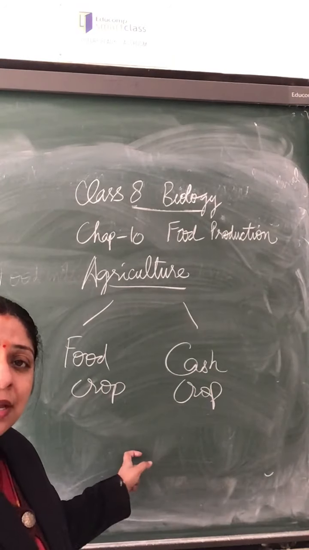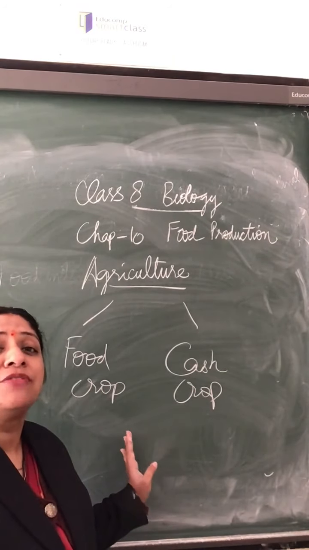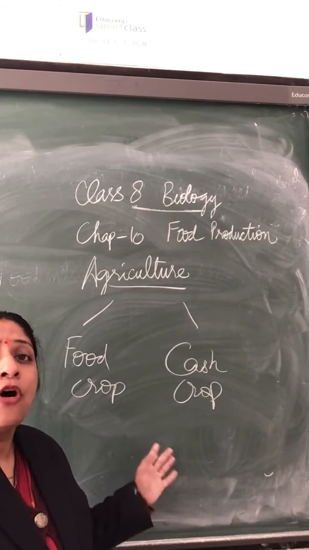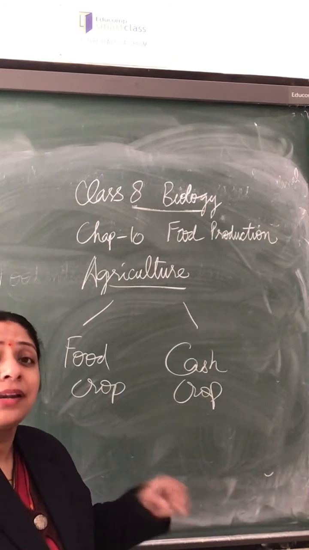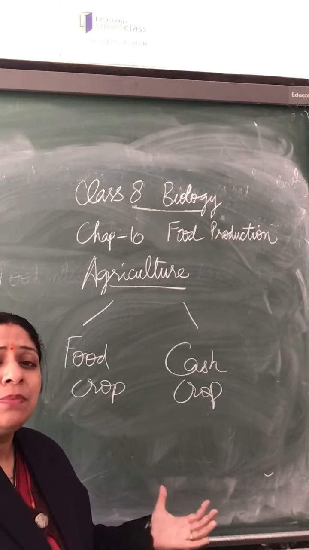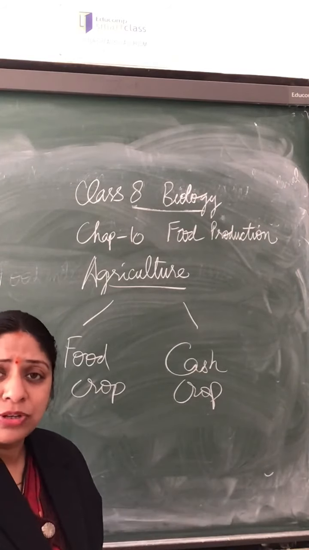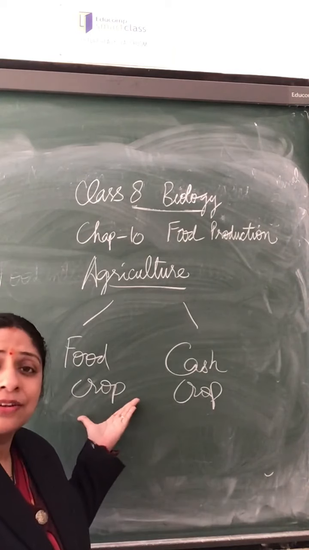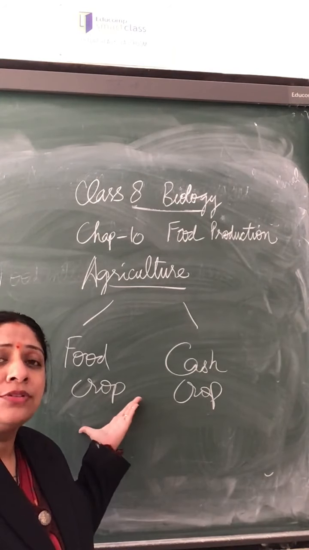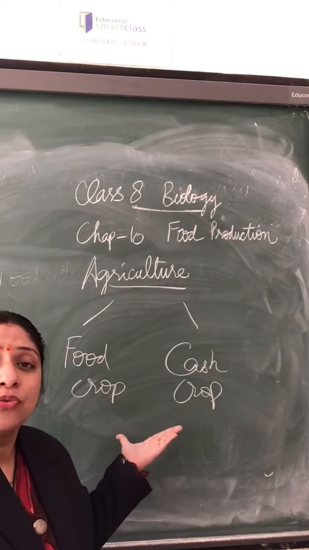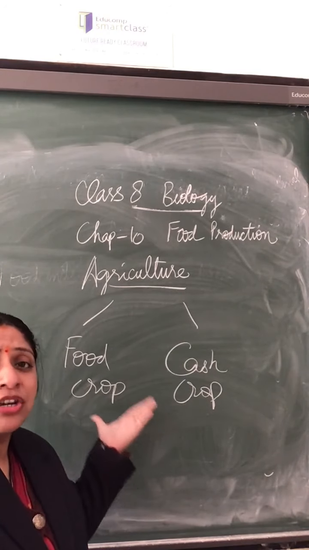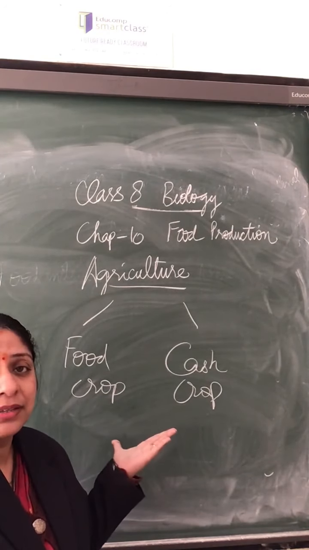Food crop means the crops which the farmer grows for direct use by themselves, or if grown in excess, then he can sell them in the market. That is called a food crop. Food crops include vegetables, wheat, rice, bajra, jowar and many other things.